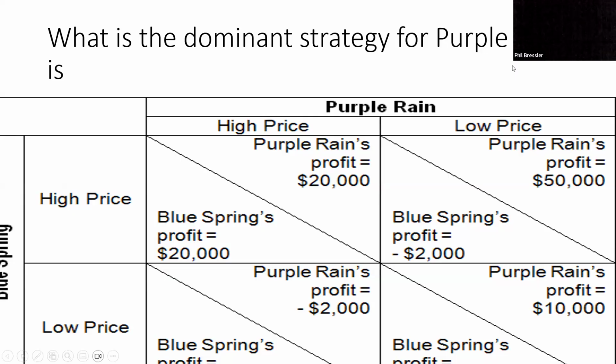All right. I'm going to give you a minute to figure out the dominant strategy for Purple Rain. I do understand that some of you were here yesterday and we did it, but there are 4 multiple choice questions on game theory, so I just want to make sure we're good. I'll give you a minute and then we'll chat in the answer.